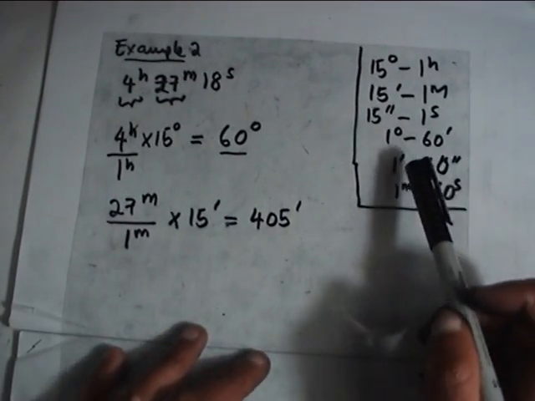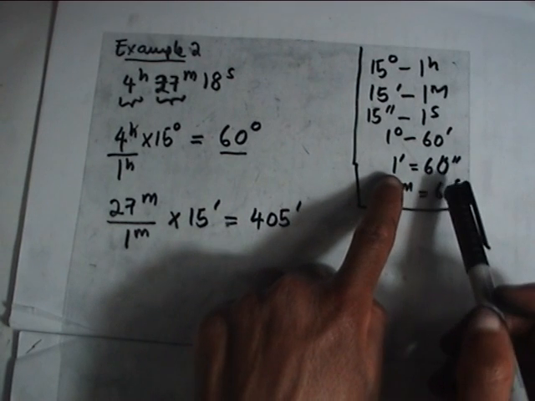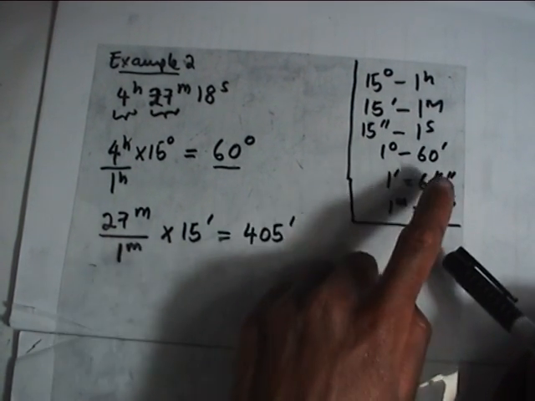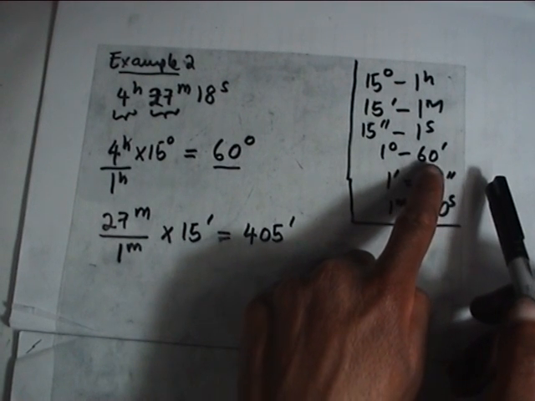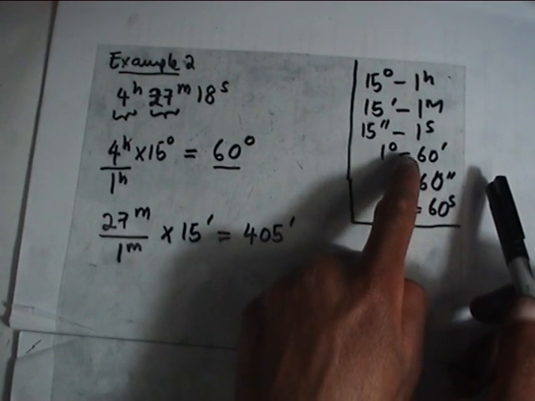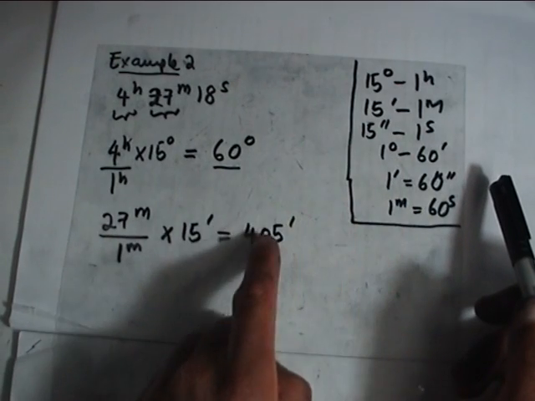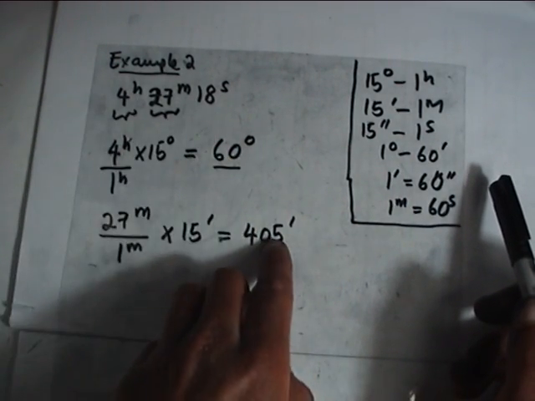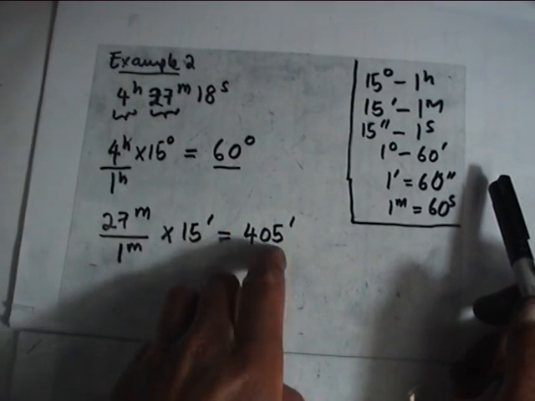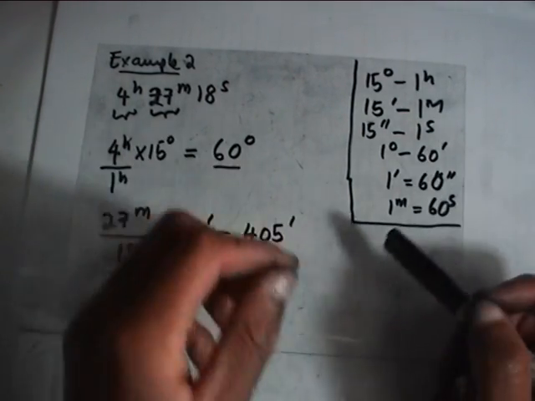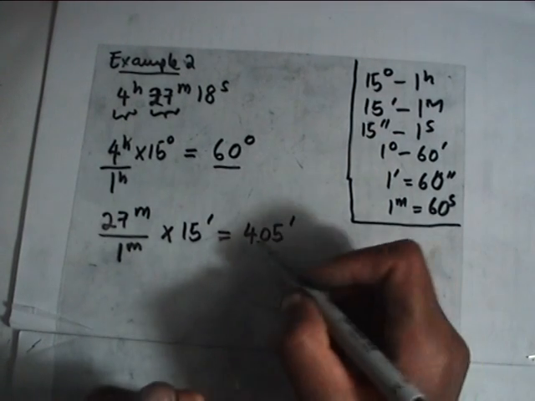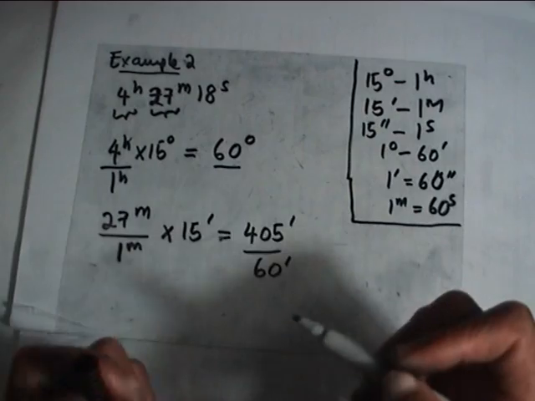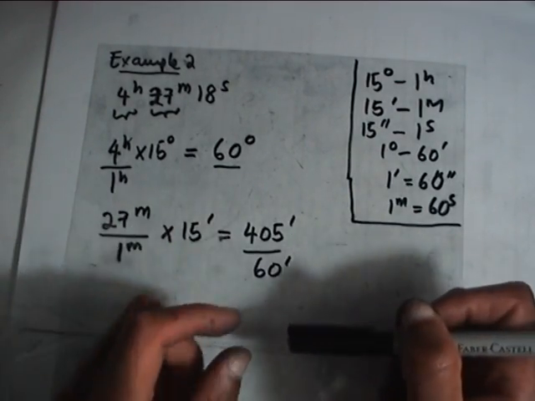But we have a conversion like this. Where did I put the conversion? Yeah, we have this conversion. 60 arc minutes give me 1 full degree, and there were 405, which means there are a bunch of 60s inside here, or a bunch of full degrees inside this 405. Let's get the bunch of full degrees. So we divide by 60 arc minutes to get the total number of full degrees that are there.